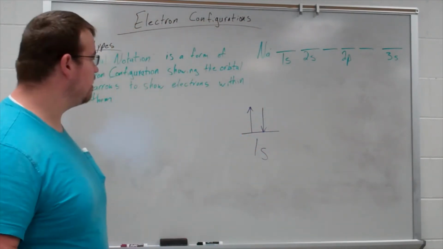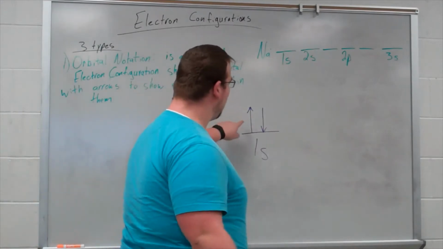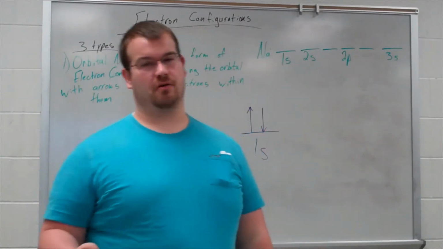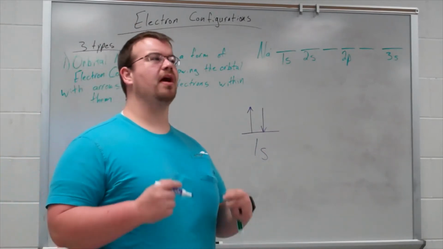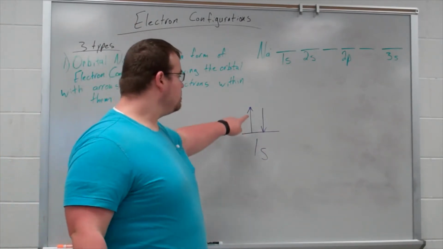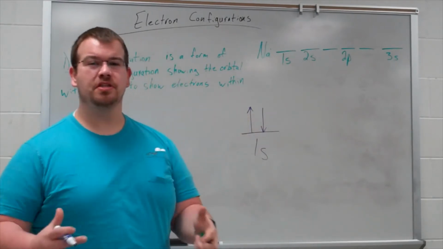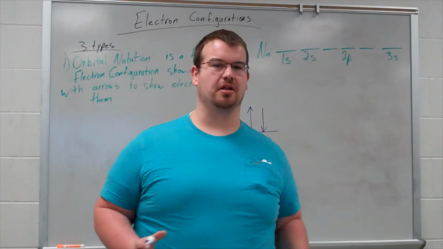But what you're going to see here is this all is about the spin of electrons. You've got to think, what's the charge of an electron? Negative. They're both negative. How can I have two things that are like charged sitting next to each other?